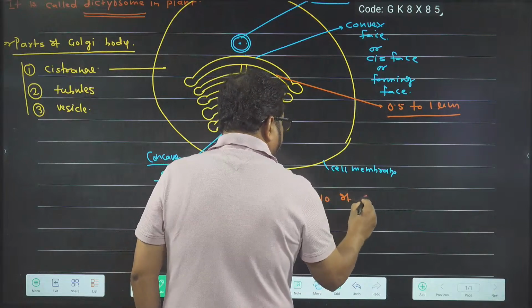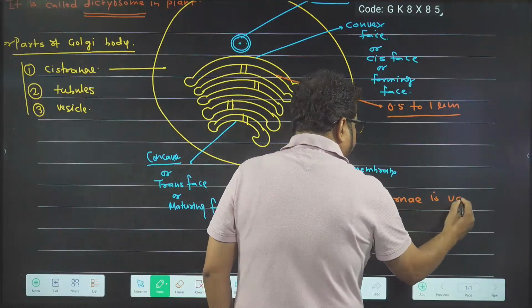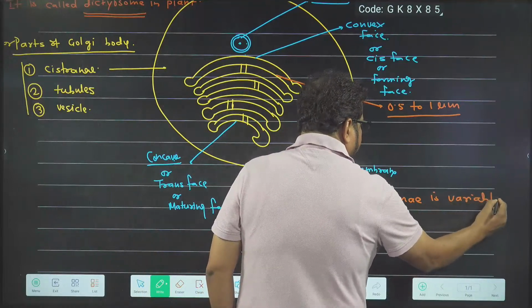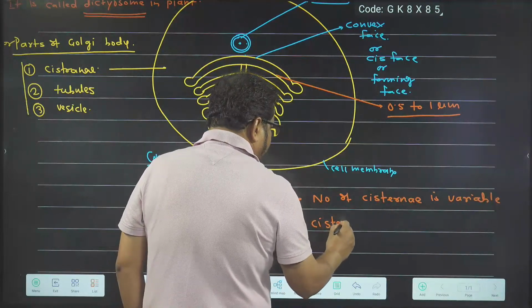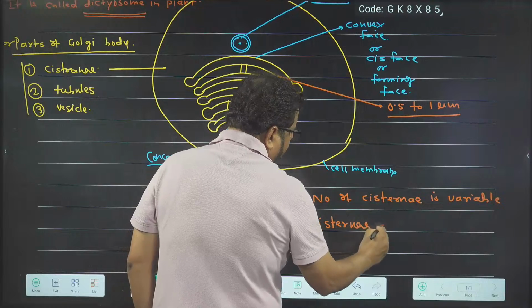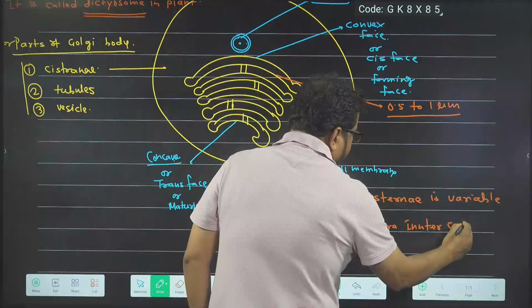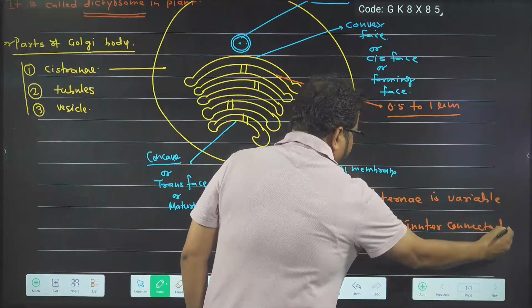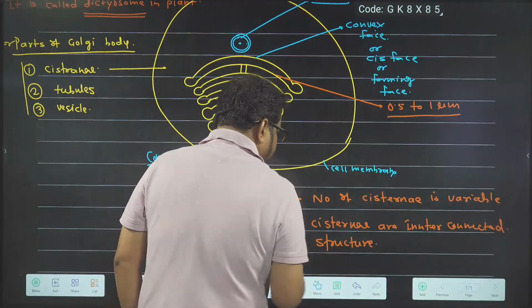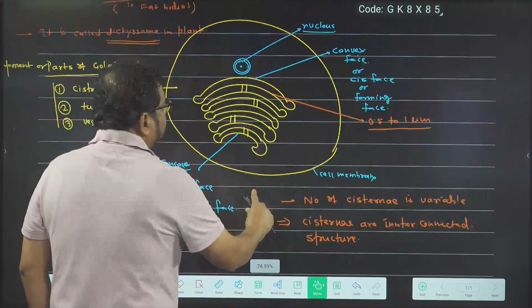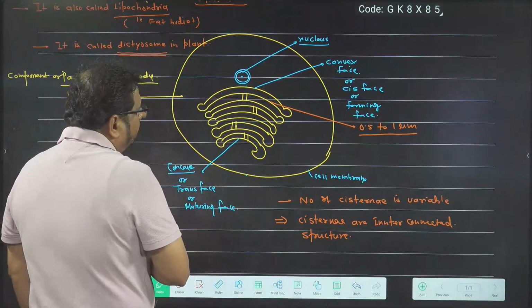Cisternae are interconnected structures. So one component you got.